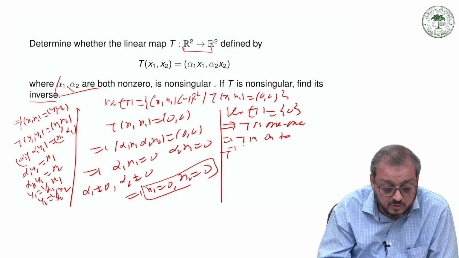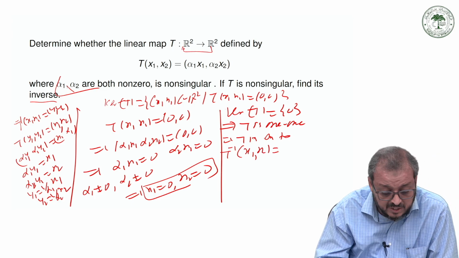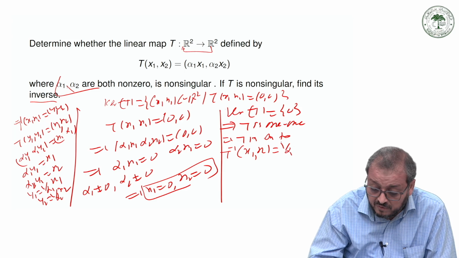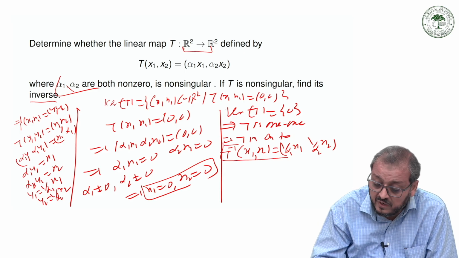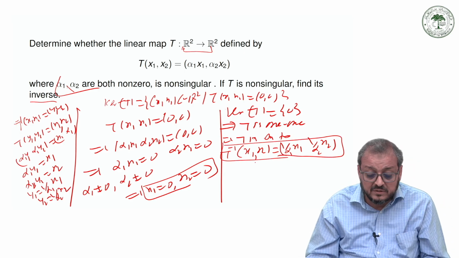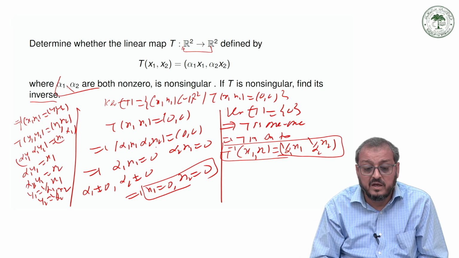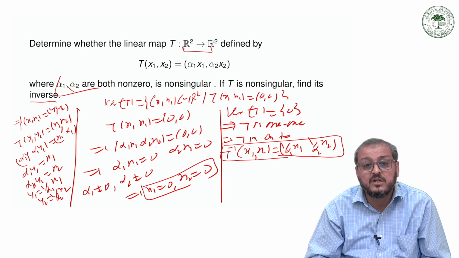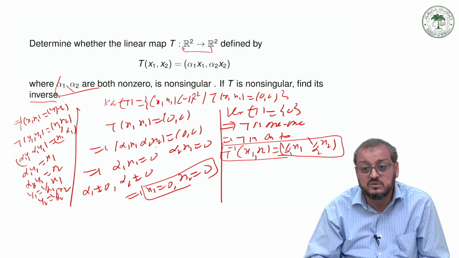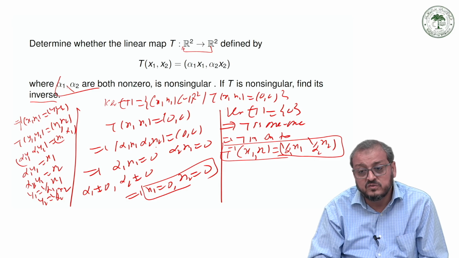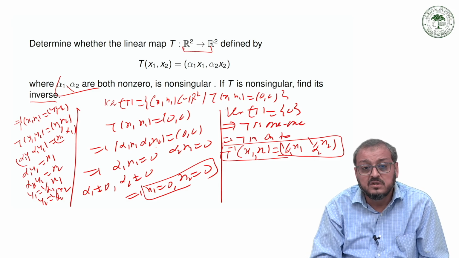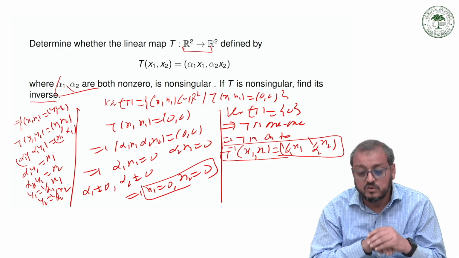So T inverse of (x1, x2) is the same as (1 by alpha 1 x1, 1 by alpha 2 x2). This means the map is non-singular, and this is the inverse of the linear map T, where T of (x1, x2) equals (alpha 1 x1, alpha 2 x2) and T inverse of (x1, x2) equals (1 upon alpha 1 x1, 1 upon alpha 2 x2). So this completes the solution of this problem.